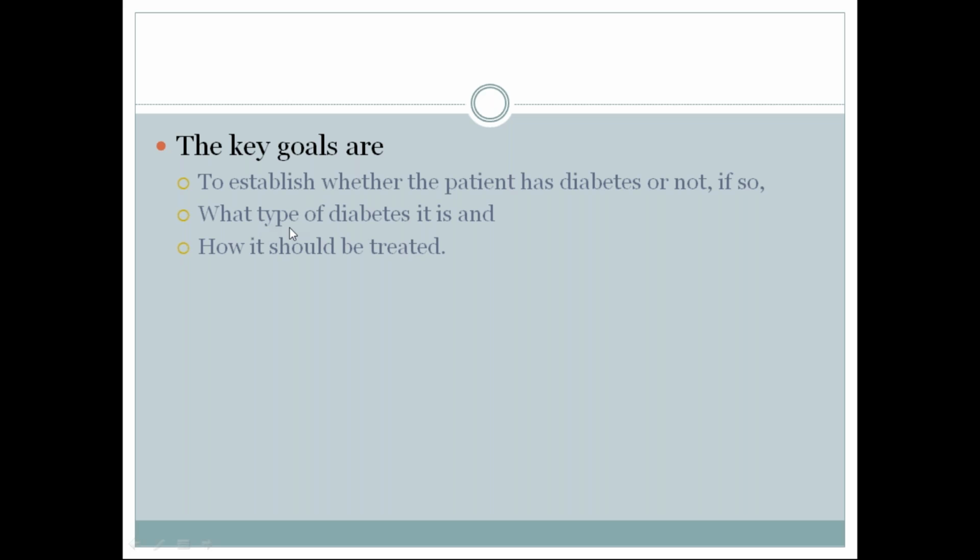Once you confirm the type, it should be treated accordingly. Type 1 patients should be kept on insulin, because there is loss of beta cells in these patients, so insulin won't be secreted.